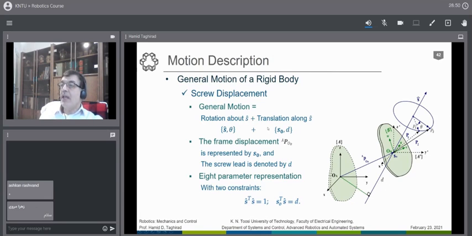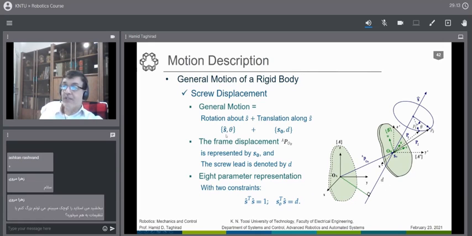So we have 8 parameters here, 4 parameters for rotation, 4 parameters for translation, and everything is along S0 with 2 constraints. This is not really 8 parameters, it is only 6 parameters. As we see, S is a unit vector, so S transpose S hat is equal to 1.